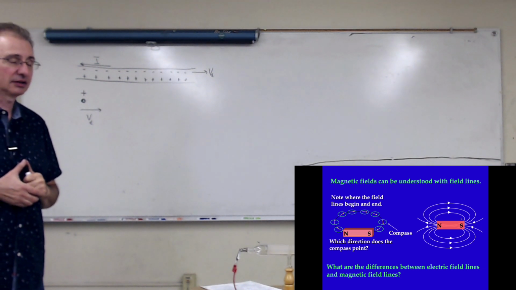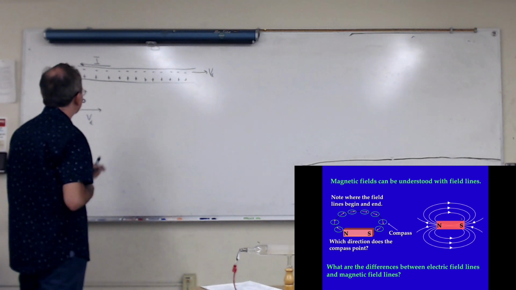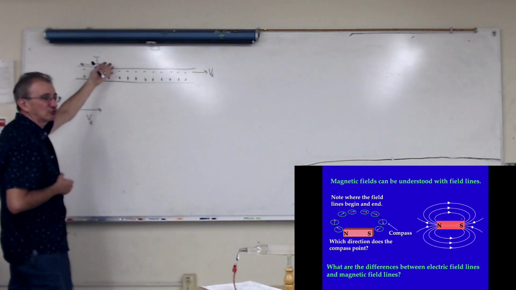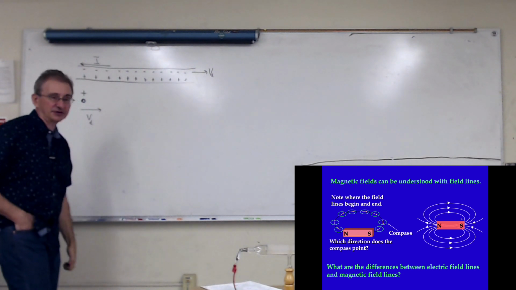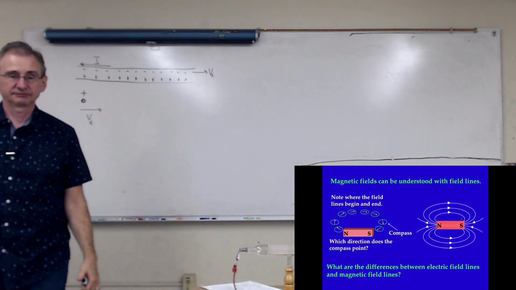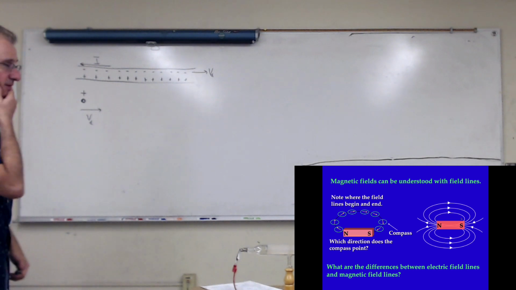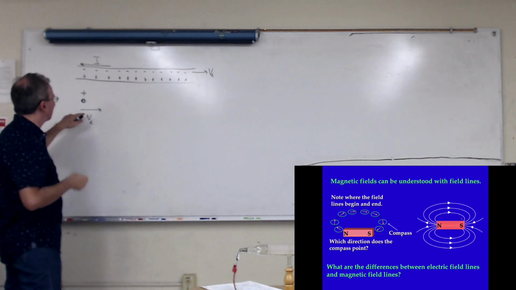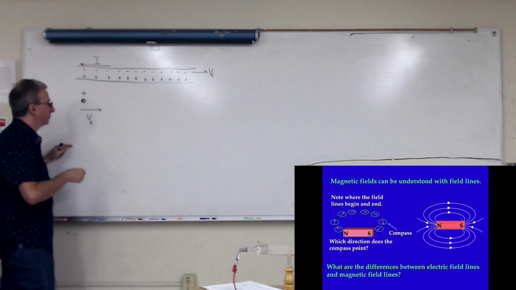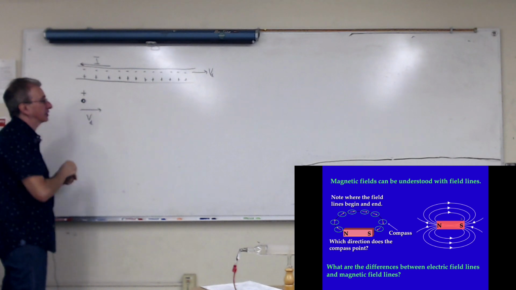Now, according to us, it's still neutral, so this particle is not going to experience any force. But what if I'm in the reference frame of this positively charged particle? What do I observe?